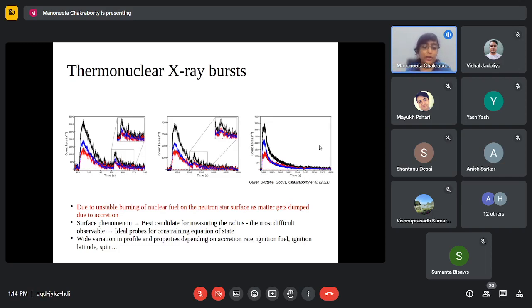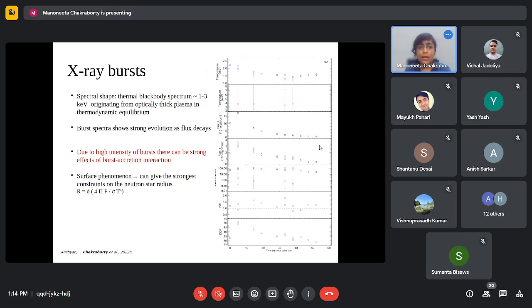Where on the neutron star it is getting dumped, all these factors affect the nature of the bursts that we see on the surface of the neutron star. The interesting property of the bursts is that when they happen, they basically show a thermal emission. It's a black body kind of emission where the black body temperature roughly varies between about 1 to 3 keV.